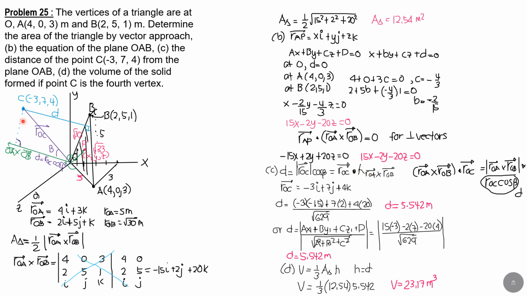So ROC, negative 3 minus 0, so negative 3i plus 7j plus 4k. No problem. So D therefore is dotting this with this.